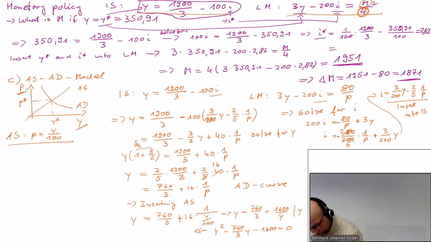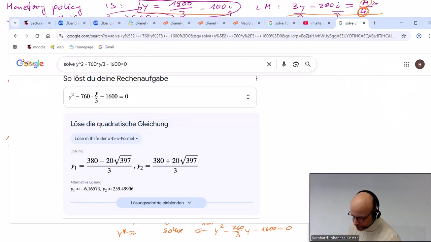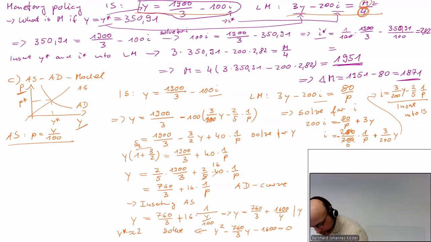So solve this and we obtain y star is roughly, what have we? 259.5. How do we obtain our equilibrium price?